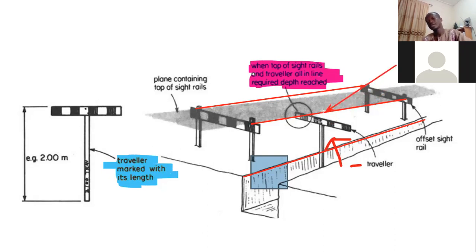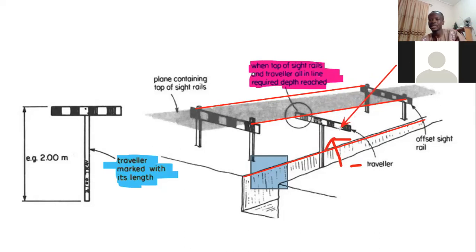So currently, it may be up there somewhere because we haven't dug anything. So the whole traveler will be higher than this. If you stood at one end of the side rail and looked at the other, such that the tops are coinciding here, you will now have the T way on top.